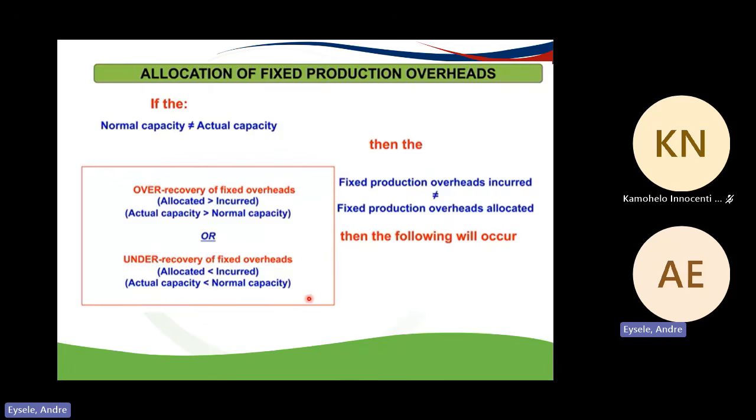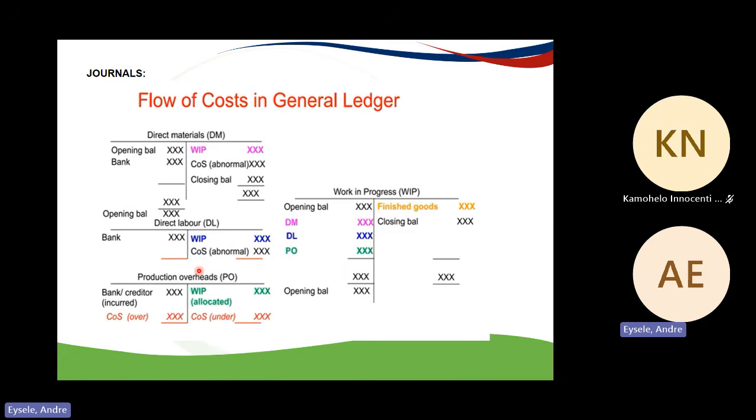If actual capacity is less than normal capacity, you will have an under recovery because then you've allocated to production not as much as what you've been invoiced. Then you need to add back the cost. Okay, these are just the flow of cost in the general ledger. I'm not standing still on that, colleagues.